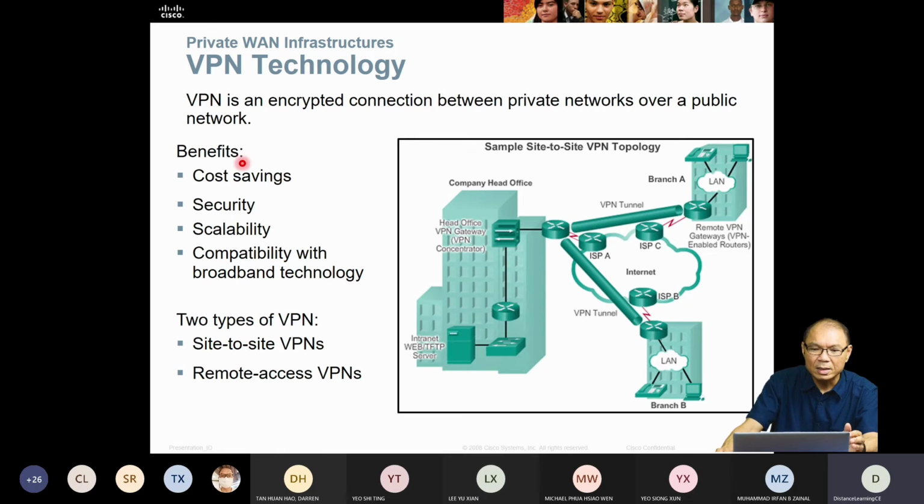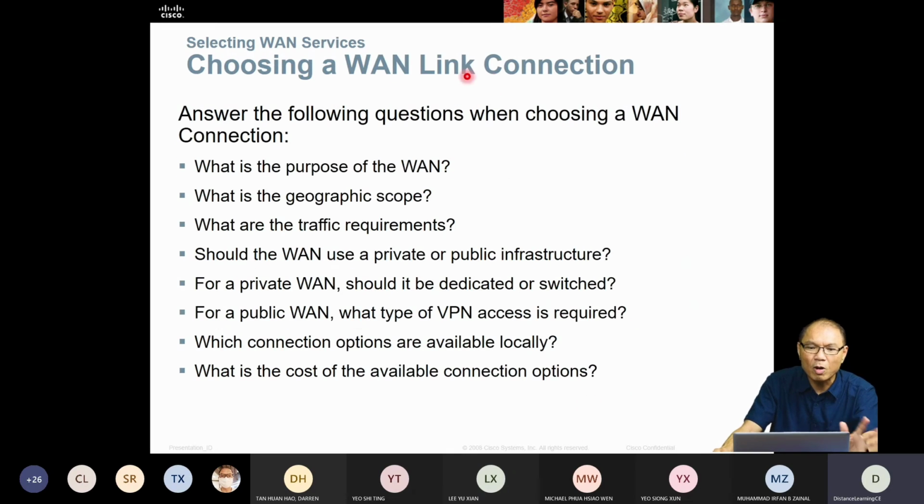Of course, the technology uses encryption, so people cannot see. They can observe, but they will not be able to understand what data is being delivered from the source to the remote site. Some benefits are that it's cheap, it's secure, it's scalable, and it's compatible with a lot of broadband technology.